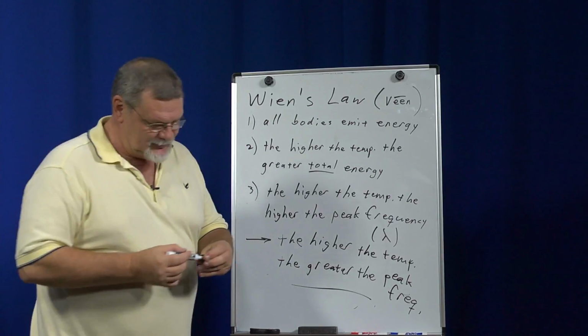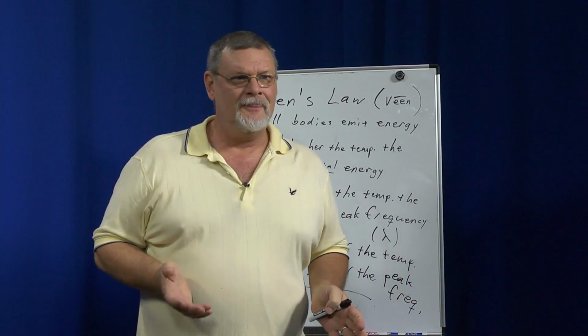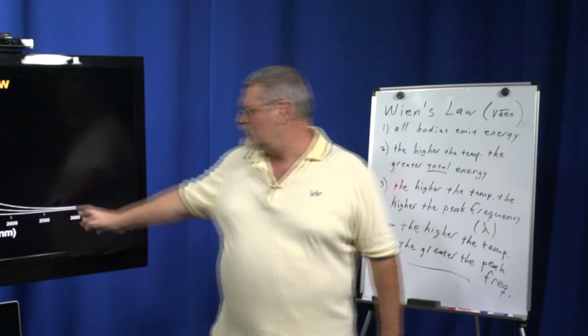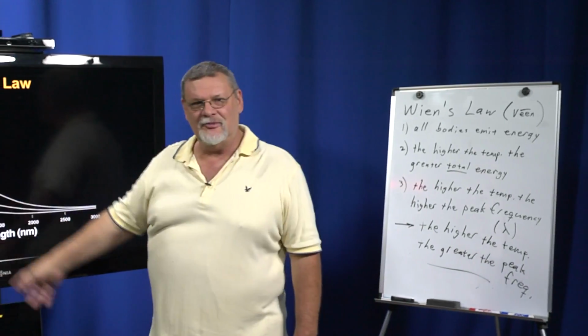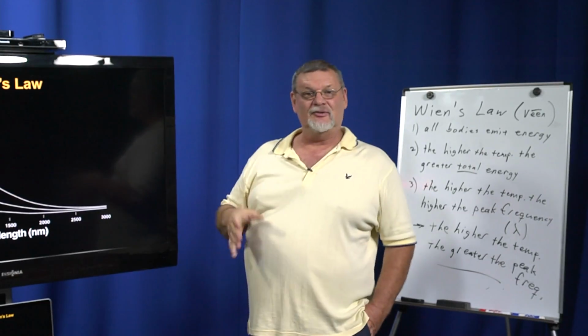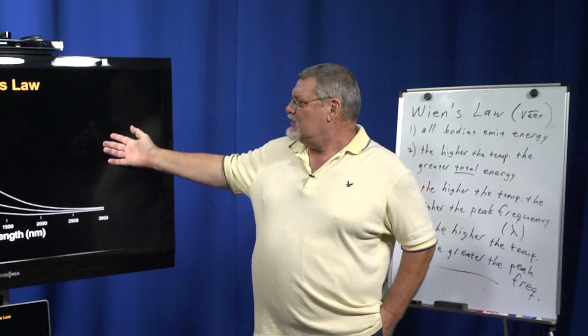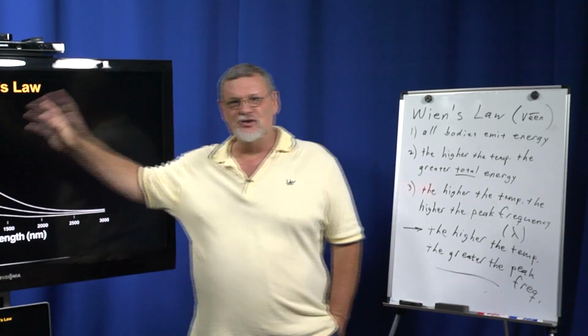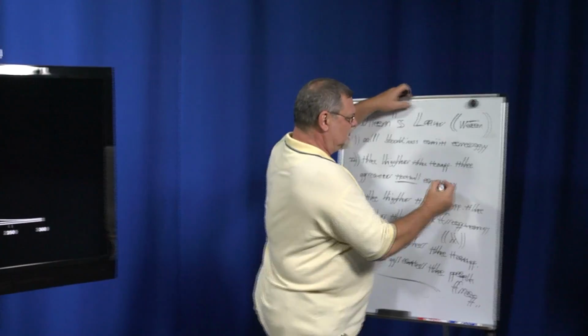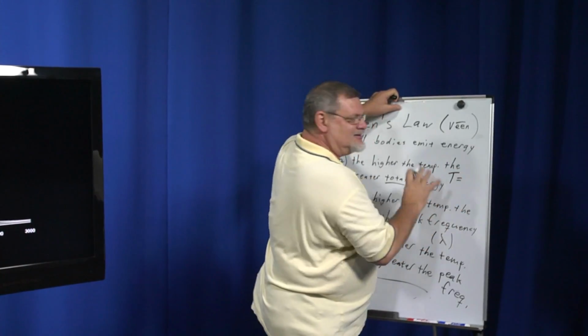We can use this to look at stars and look at their peak frequency. We can run a spectrograph and get this information. The highest frequency it's emitting immediately tells us what the temperature is. The temperature of an object is directly related to the frequency.